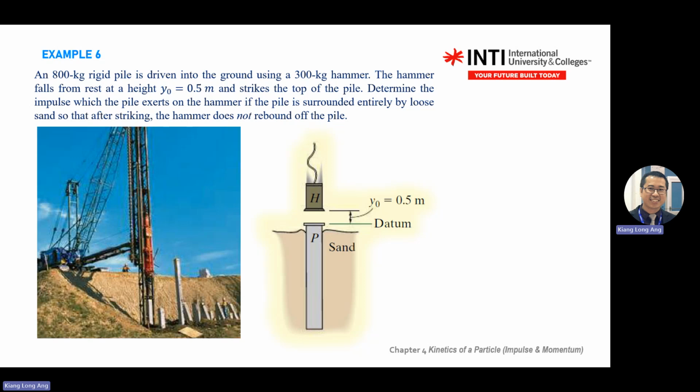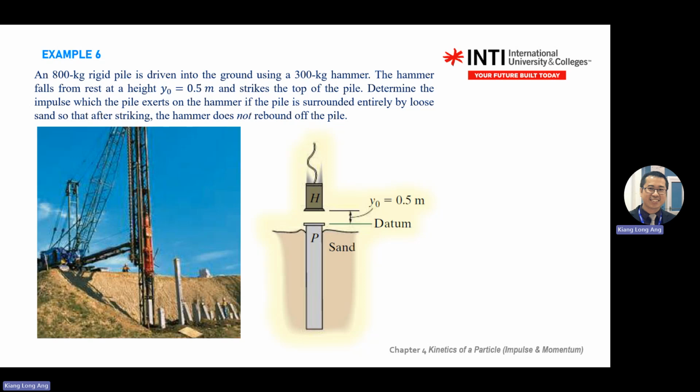Right. So it lands on the top of the pile. Determine the impulse which the pile exerted on the hammer. So the question asks you about the pile exerted on the hammer and not the hammer exerted on the pile. It's a different scenario.